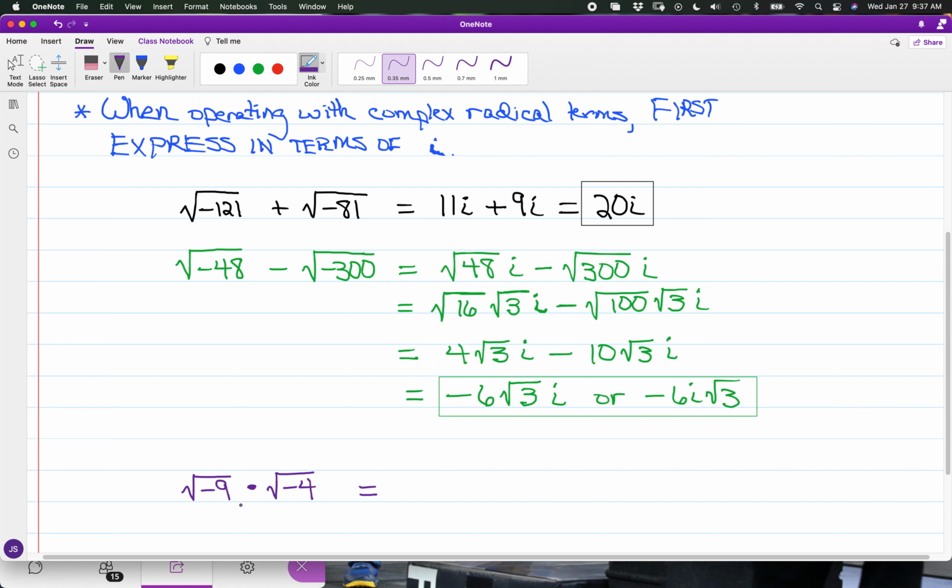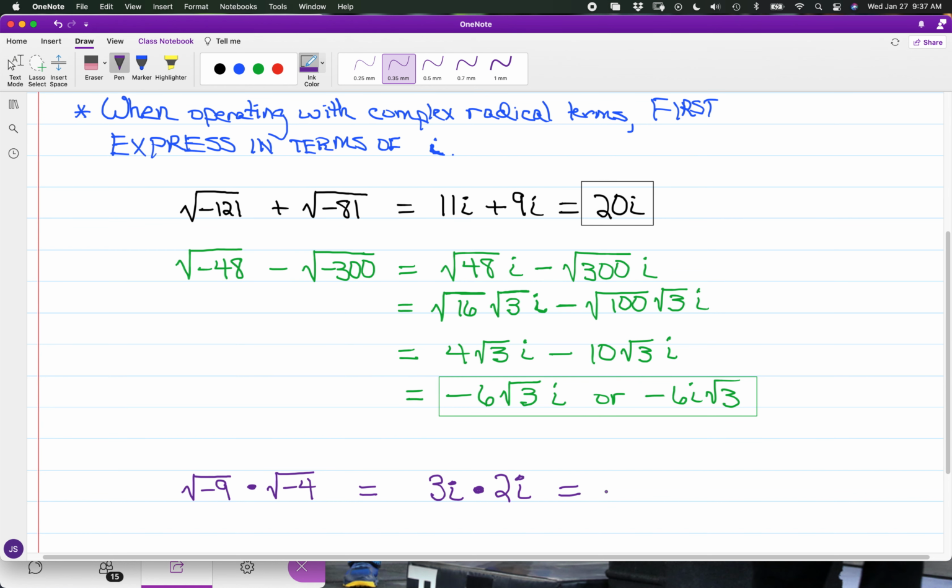But here's the thing with complex radical terms, there's an added dimension involved. If I express these terms in terms of i, the square root of negative 9 becomes 3i, and the square root of negative 4 becomes 2i.